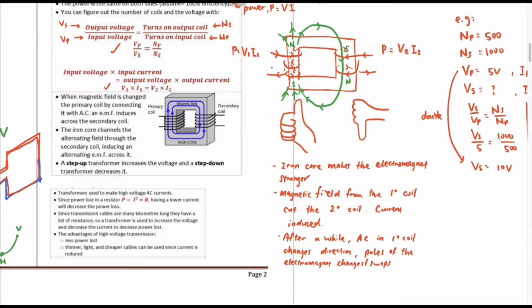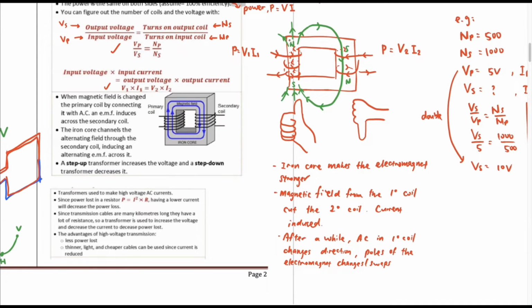After a moment, the current here changes direction. Here becomes North Pole, and here becomes South Pole. Because of the formation of North Pole here, the magnetic field will come out from here and cut the secondary coil again and induce current again.